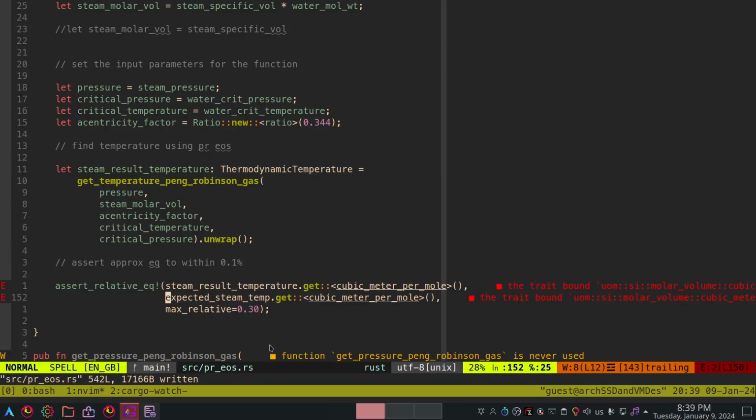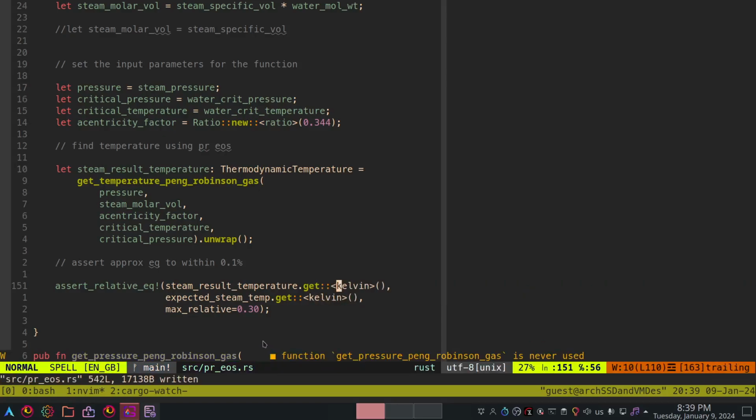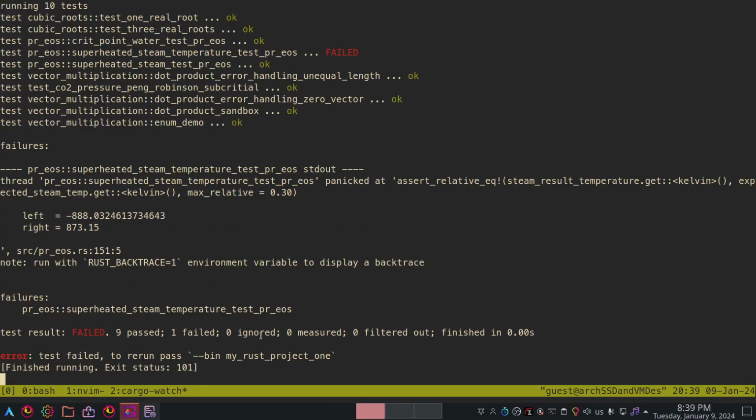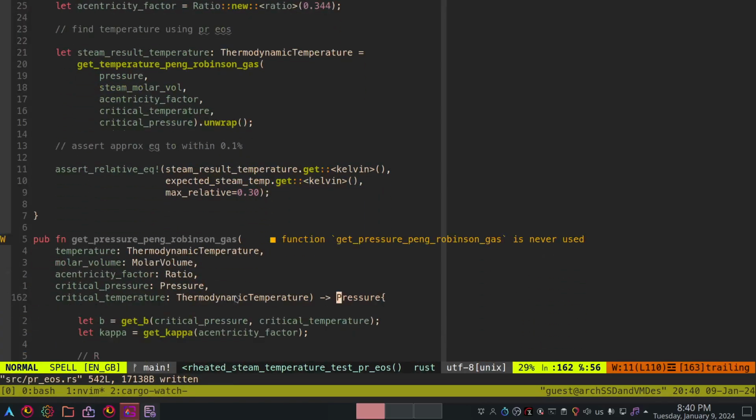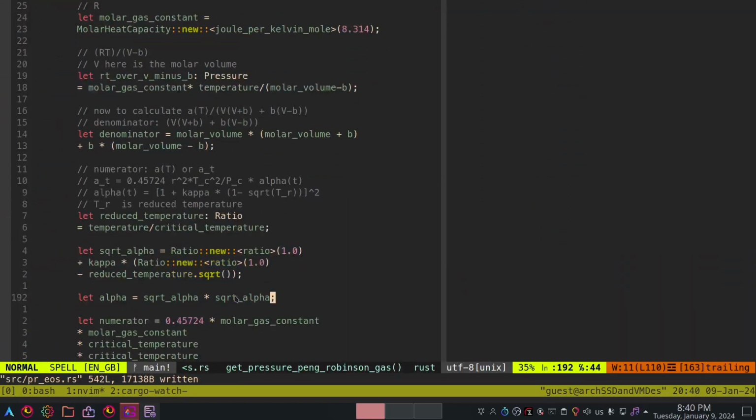Let me put Kelvin right here. Let's see whether this works. So for one thing, I do have numbers here, but it's sort of negative. So let's see what was wrong.